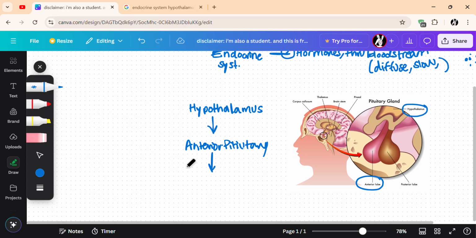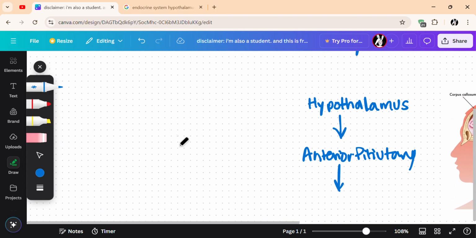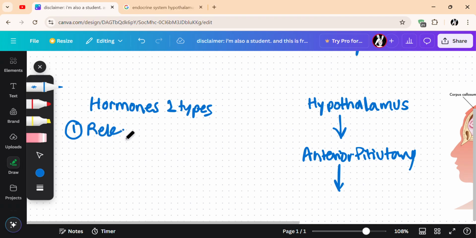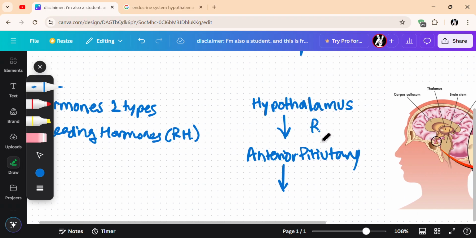A better way of putting this is, we have hormones of two types. First, we have releasing hormones, which I'll abbreviate as RH, released from the hypothalamus, and they go specifically to the anterior pituitary.